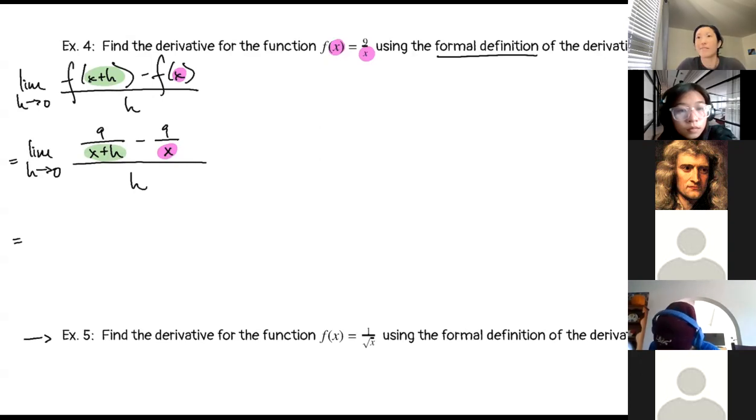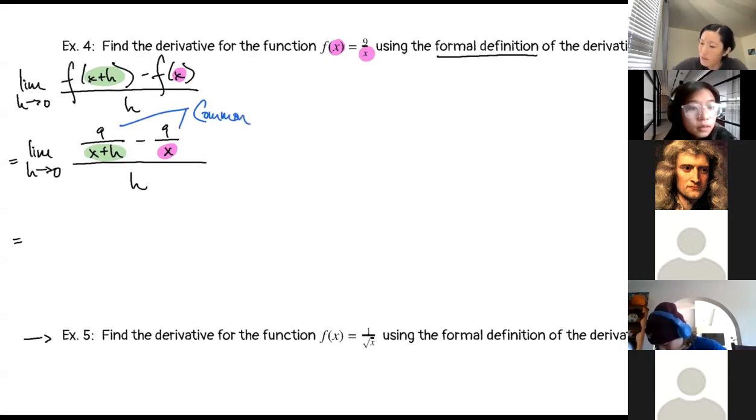What's the deal with this? What strategy comes to mind when we see a fraction minus a fraction? Denominator? Yeah, exactly. We're looking for a common denominator here.